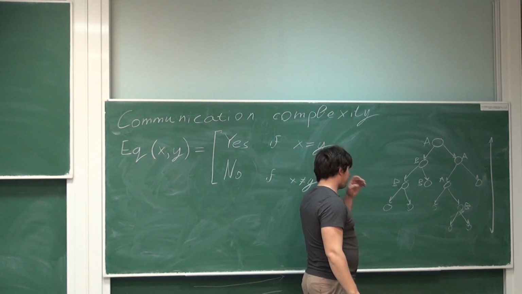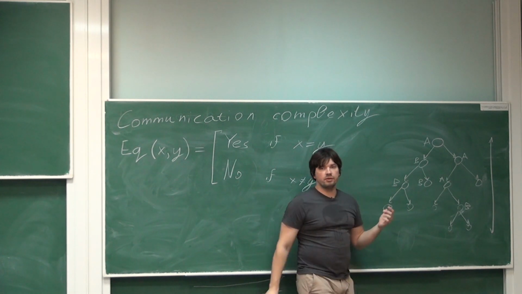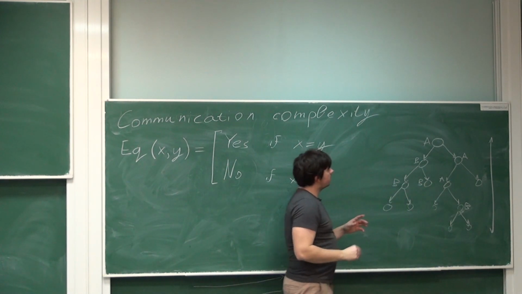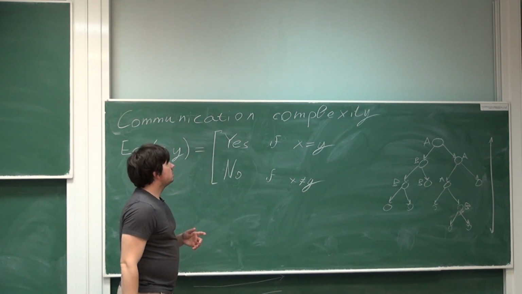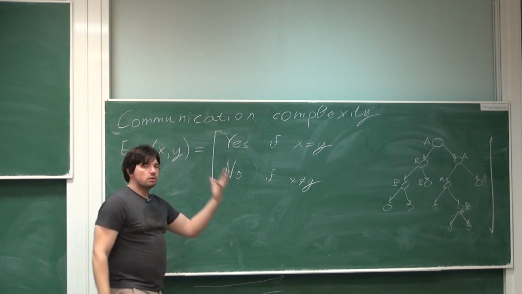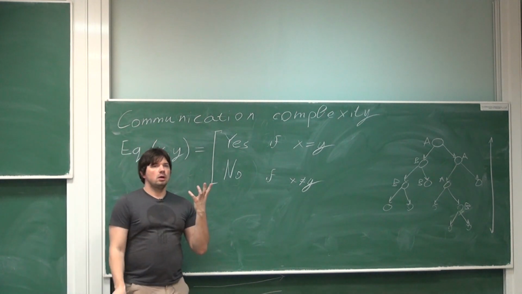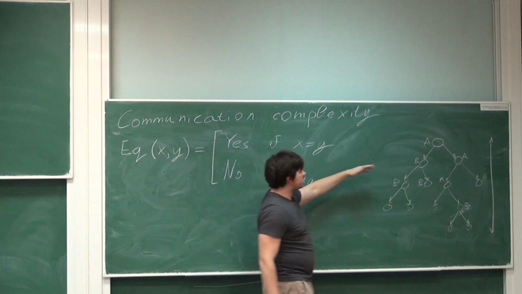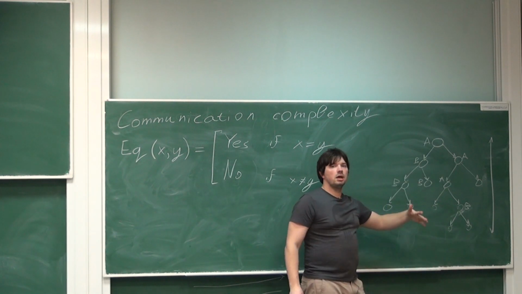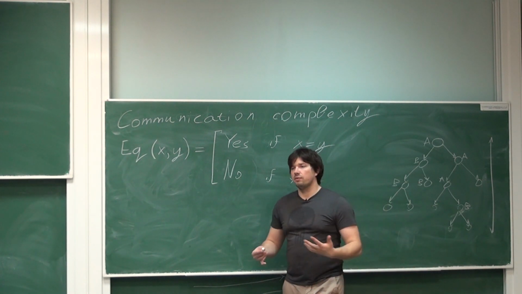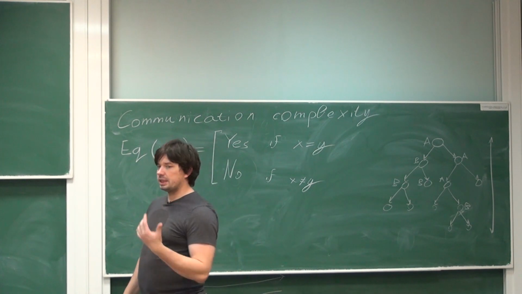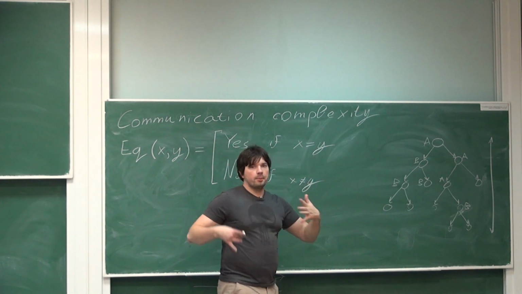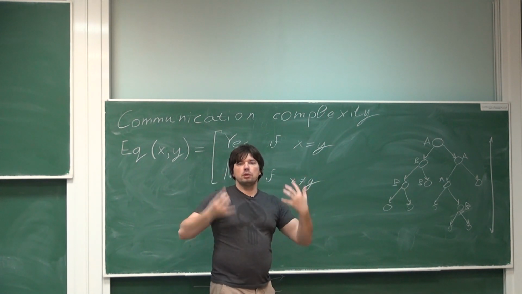So, and then every node also has this function. To describe the protocol, we need to know what Alice is going to say, right? So this tree we should be able to understand, like for a particular pair of inputs x and y, we need to know what the communication would look like, right?